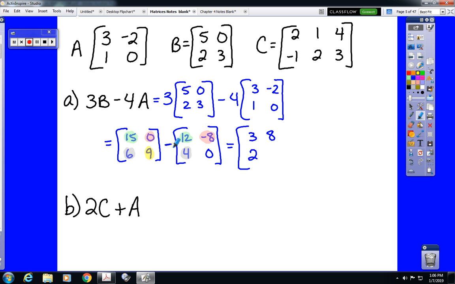And 9 minus 0 is 9. So 3B minus 4A is the matrix 3, 8, 2, 9.